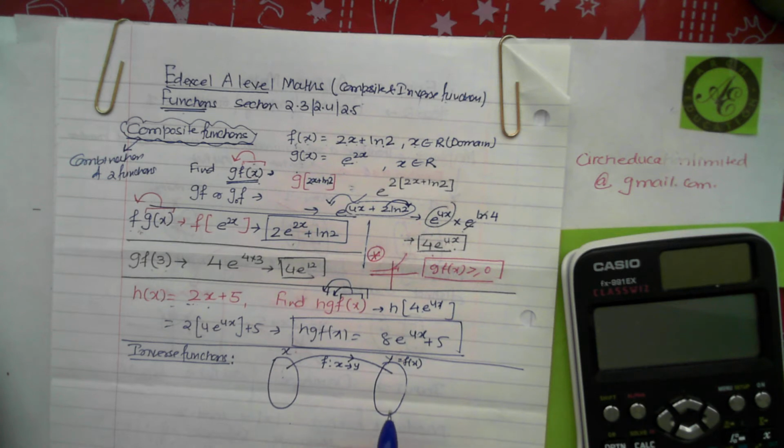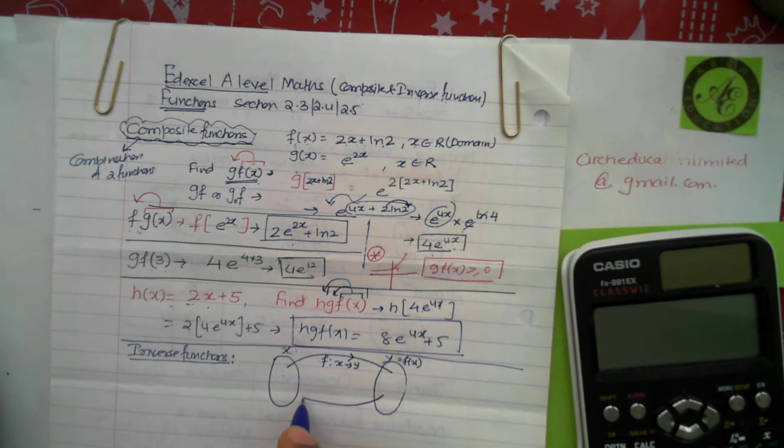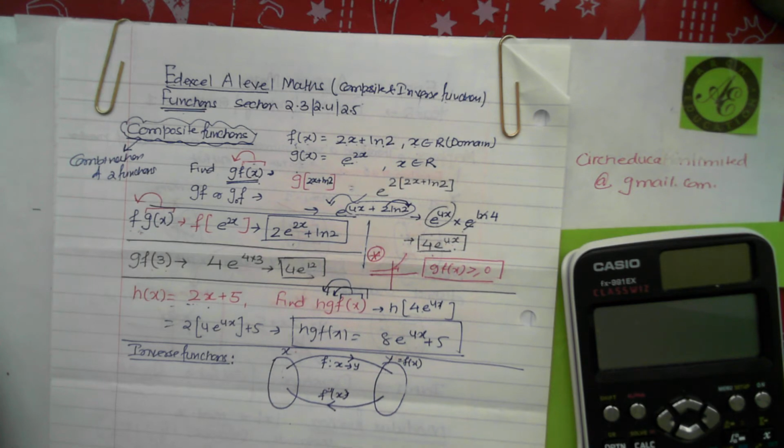But if we try to do a mapping of this in the reverse order, that means we say f something is a function from y to x. That is the inverse function. We write it as f to the power minus 1 of x, like sine inverse, cos inverse you've seen in trigonometry before. So an inverse function is a function from y to x.